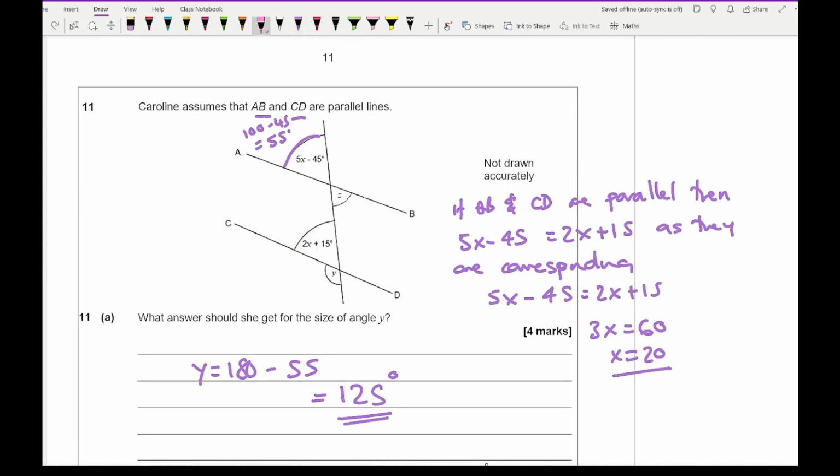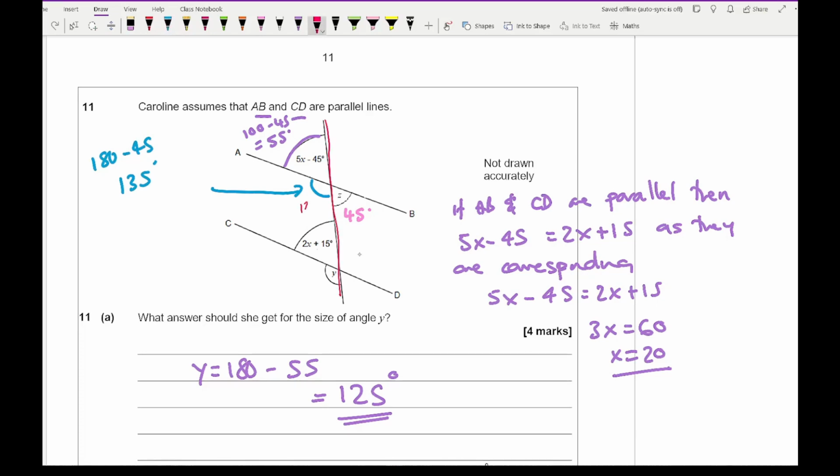So we know that angle Z is 45 degrees. Now if that's 45 degrees, then I can work out what this angle here is going to be, because it's on a straight line. So that angle there is going to be 135. It's going to be 180 minus 45. Then from this, I know that this line here is a straight line.